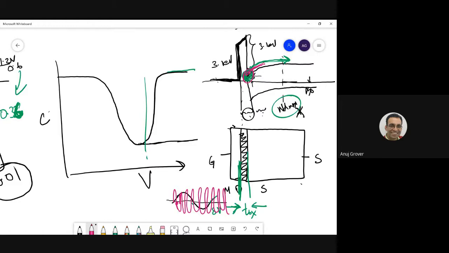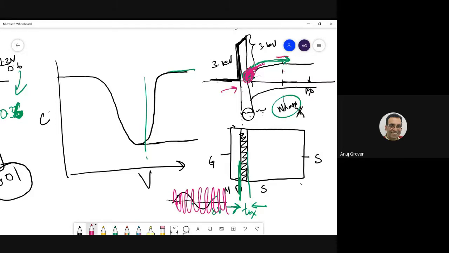So effectively, there was some electron movement that wanted to happen from the inversion layer itself, but it can't happen now. Because electrons are actually just staying here only in this region itself. The charge is not changing here. This charge is constant. But charge is changing on this plate. So charge change has to happen on the silicon side also. So where does that charge change happen?